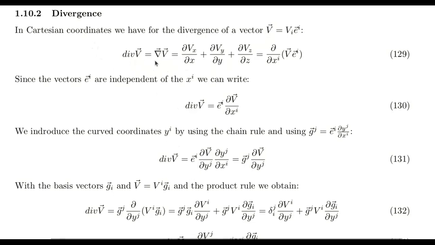It's a scalar product of the operator and the vector field. And so we would have three components here that should be known from the basic lectures in theoretical physics. Or we can use the expression, the scalar product with the Einstein sum convention.